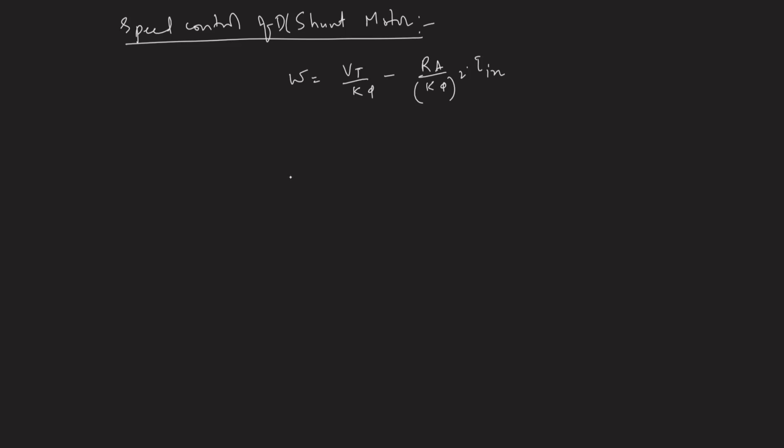Armature resistance can be varied, the supply voltage can be varied, and the flux can be varied. So we can have three methods.